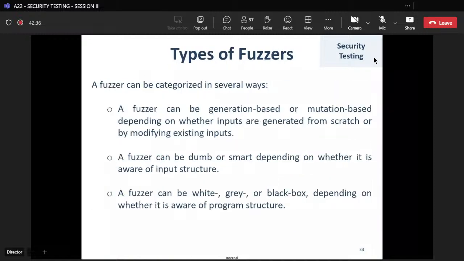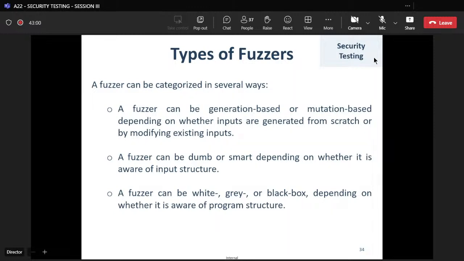It can be categorized in many ways, like generation based or mutation based, depending on whether they start from scratch or from modified existing inputs. Sometimes they get a result from the previous test and, based on the outcome, modify the input for the next test, so I can say serial-based tests are also available.